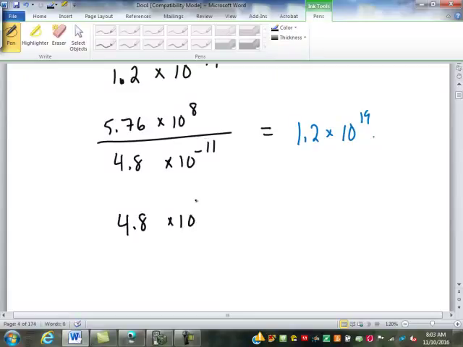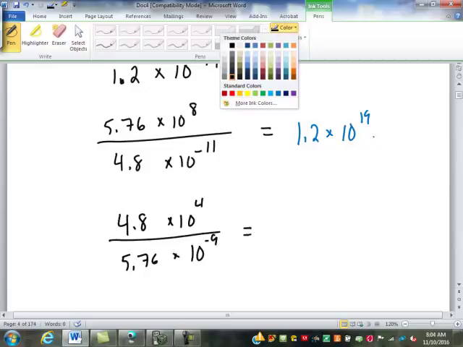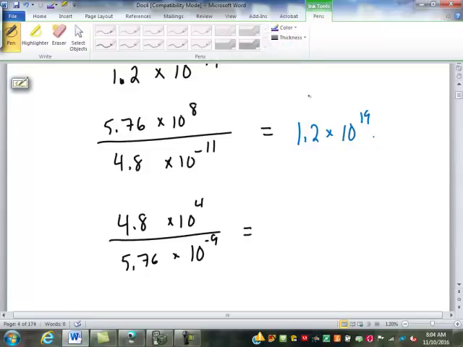If I have 4.8 times 10 to the 4th divided by 5.76 times 10 to the negative 9th, 4.8 divided by 5.76 is 0.833333, right?